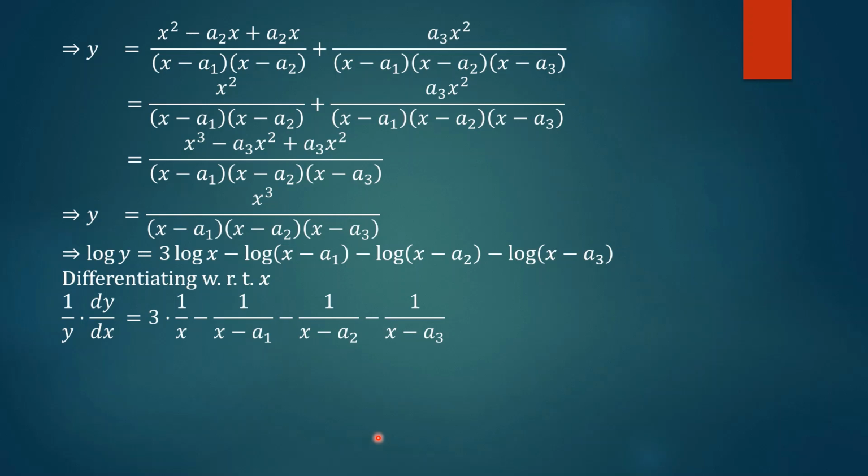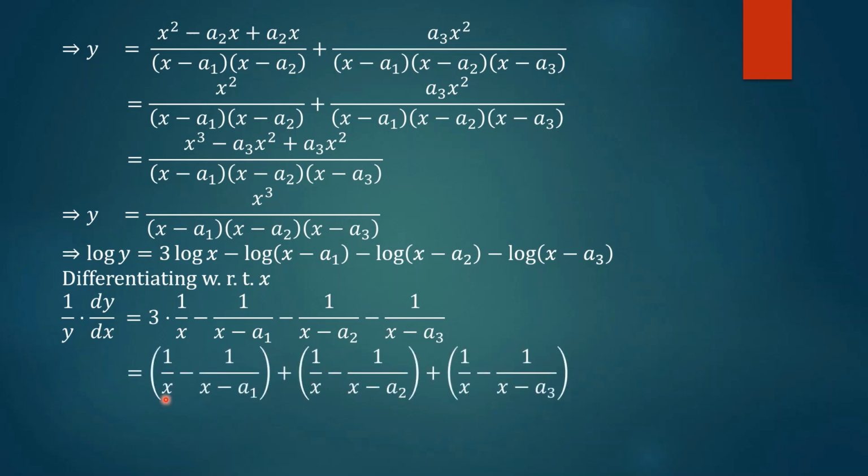You see the line, you can understand easily. 1 by x and this first factor, then plus again the second 1 by x and the second factor, then plus again the third 1 by x, this one. So this is 1 by x plus 1 by x plus 1 by x is equal to 3 times of 1 by x, minus this one, minus this one, minus this one. All these 3 times. Now take LCM separately here, then here, then here.